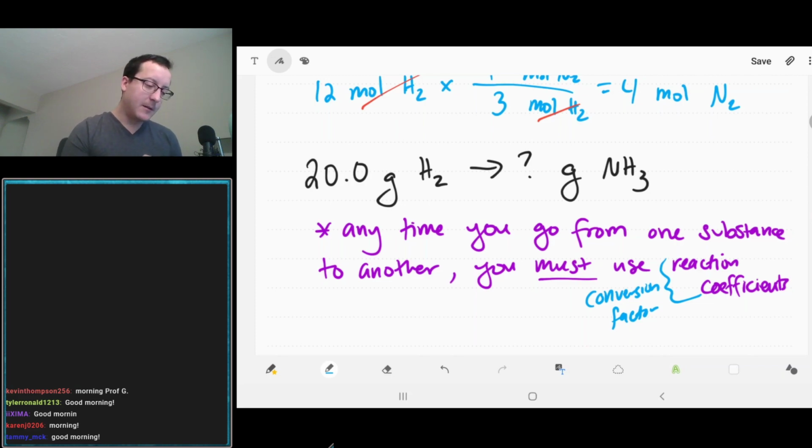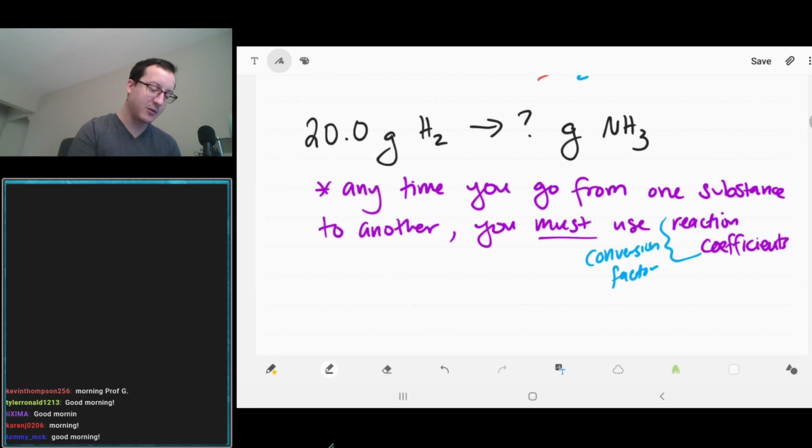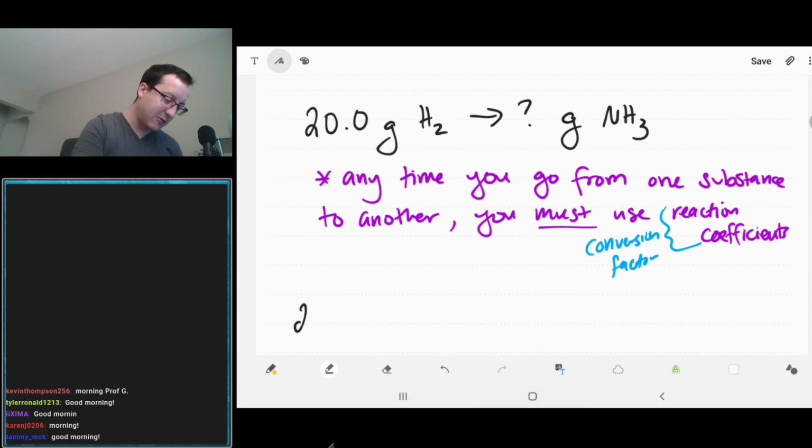Alrighty, so how the heck are we going to do this? Can we just say, okay, we remember before our conversion factor was 3 to 1 or 3 to 2, right? Can we just say 20 grams hydrogen times 3 moles hydrogen, 2 moles ammonia?